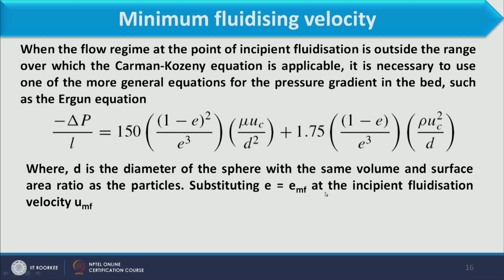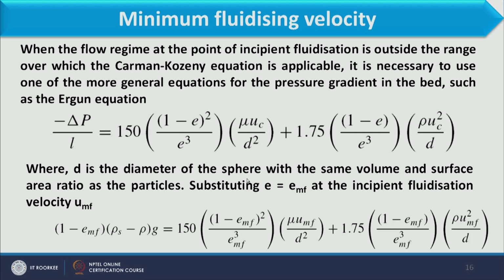We substitute E equal to EMF at the minimum fluidization condition and put in the velocity UMF. For the pressure drop, we consider the expression we defined for the fluidizing condition. We put all these expressions in, and this is the expression for Ergun's equation when the minimum fluidization condition is achieved.